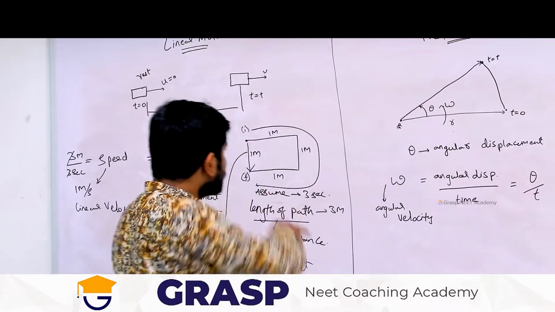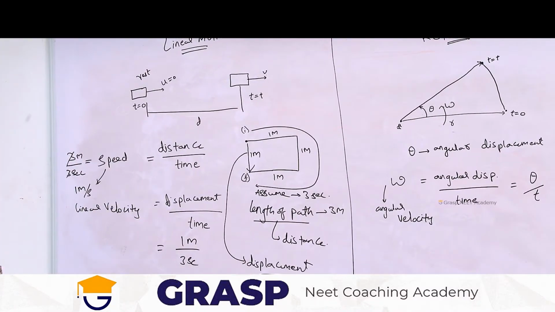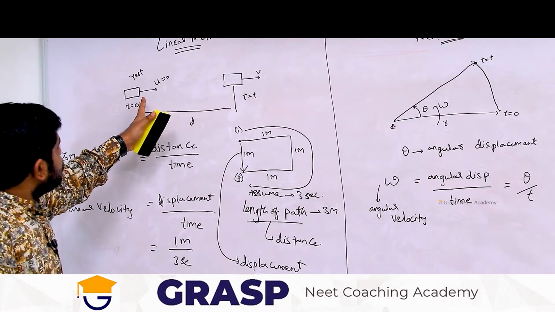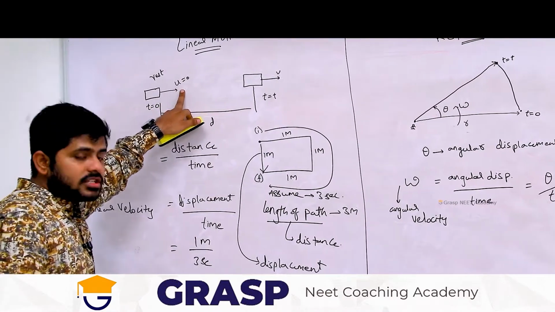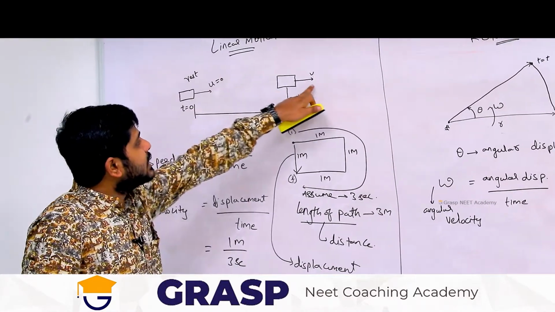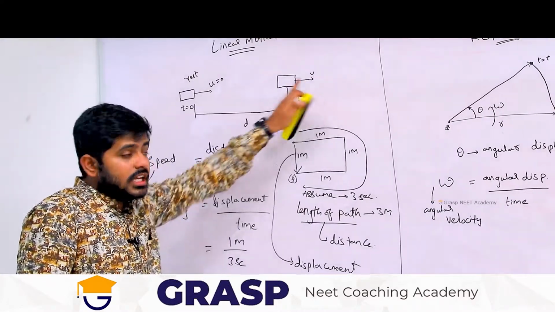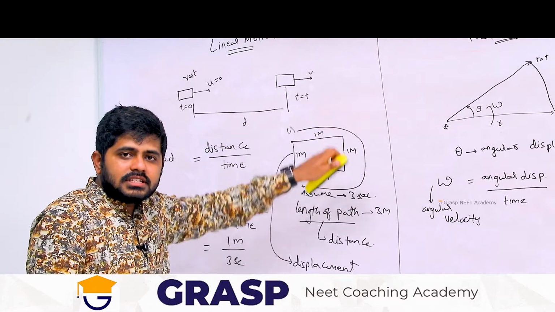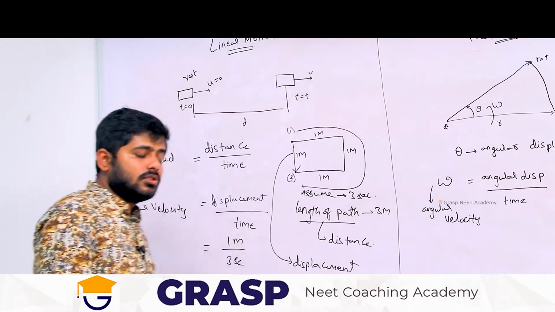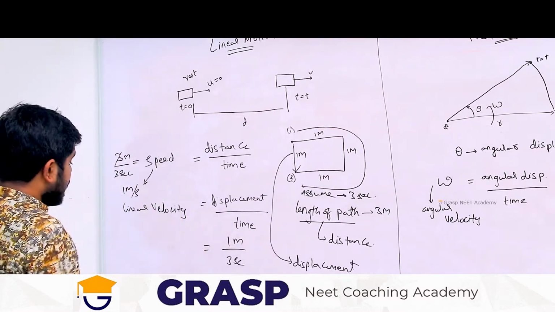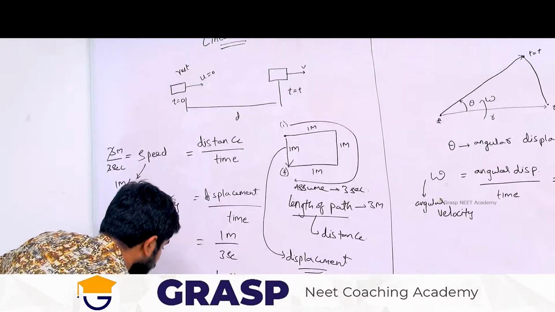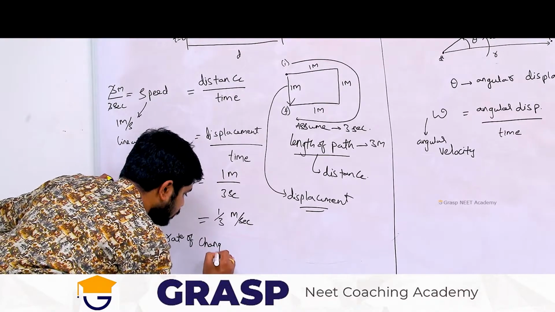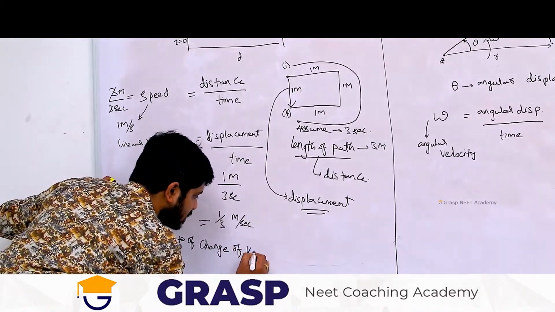Now, in this case, initially it has a velocity 0, and after some time it has a velocity. If the velocity changes in a particular time, we call it linear acceleration, the rate of change of velocity.